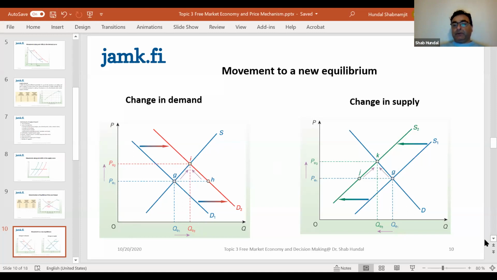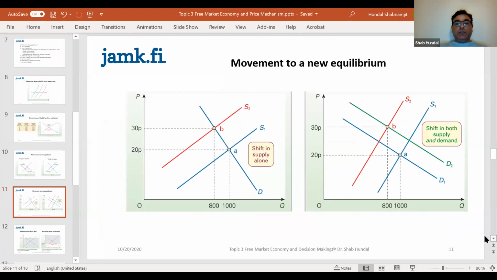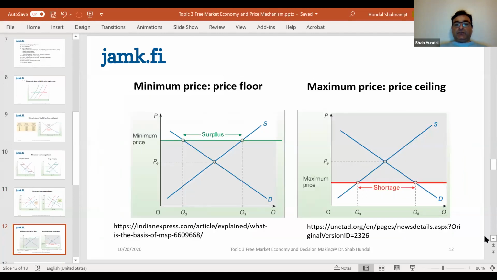So that is the beauty: the minimum of man-made intervention is very important for the success of the market economy. And we can take all the decisions with this. I think we discussed last time how we protect. When we fix the minimum price, we fix the rights of the producer. And when we fix the maximum price, we take care of the rights of consumers.